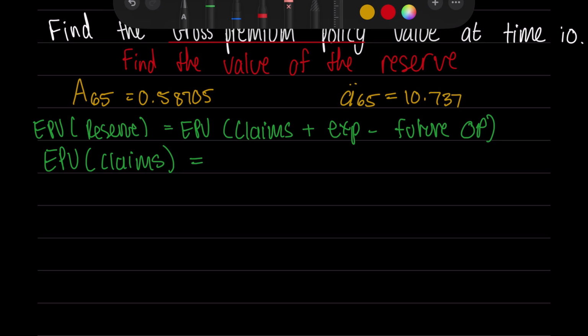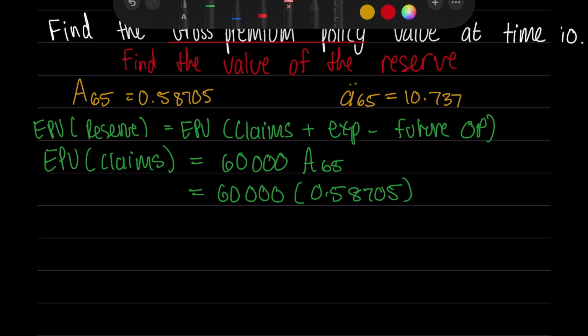So this is just one claim. It's still the death benefit, the whole life death benefit of 60,000. Only difference is now our person is aged 65, for which we have the value. Put that in a calculator.